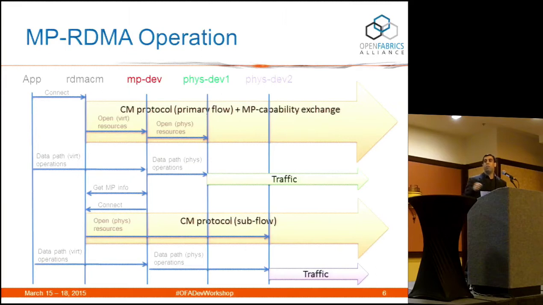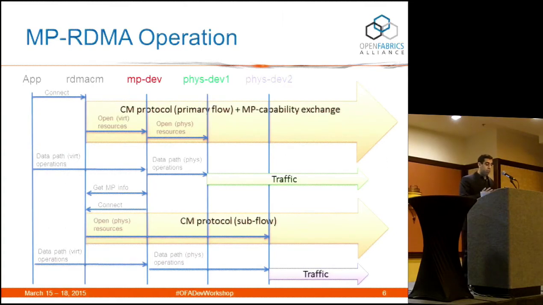Then in the background, we prepare subflows, which are in standby mode. We don't use them unless there is some kind of migration or failover, and in those events, we simply change the path from the primary flow to the subflow. So this is what MP-RDMA is about.